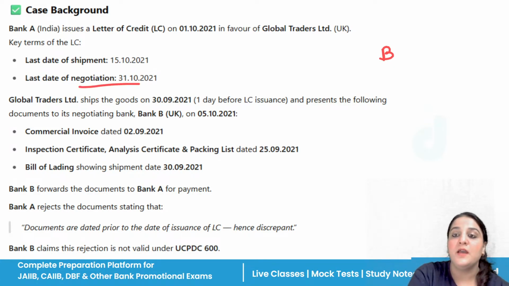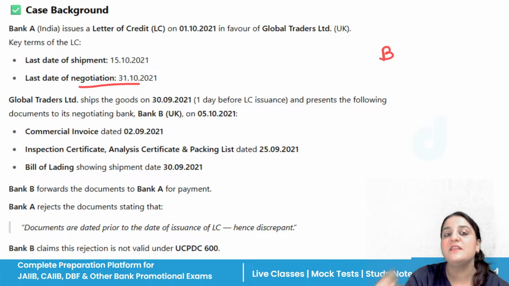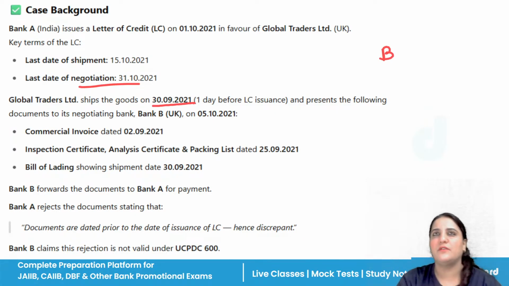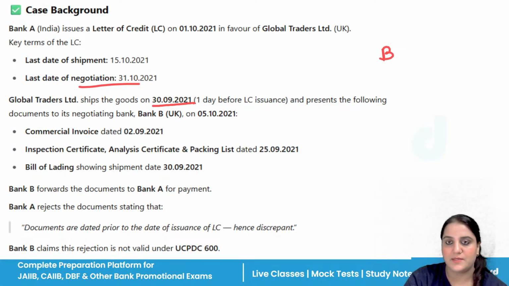Now Global Traders Limited ships the goods on 30th September 2021, just one day before the LC issuance, and presents some of the documents to Bank B on 5 October 2021. The documents include commercial invoice, inspection certificate, bill of lading.